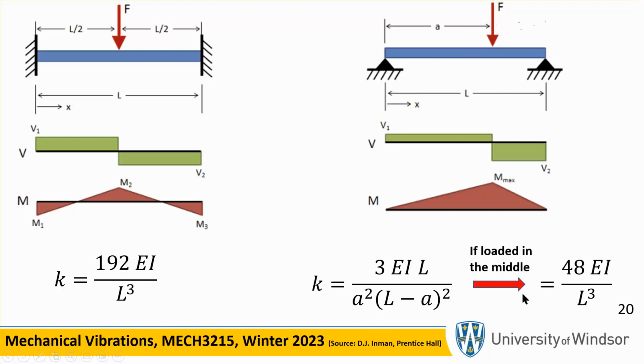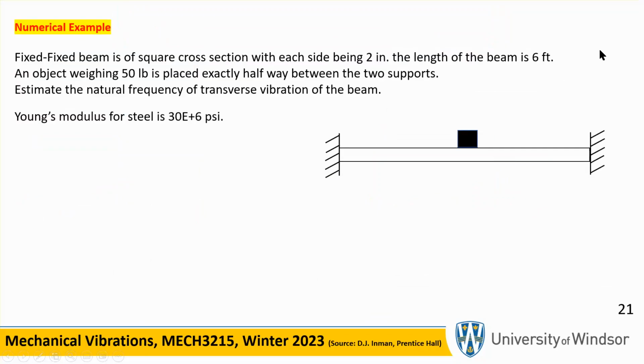If that is the case, you clear it up, you get 48 EI over L cubed. So, a single cantilever beam was 3 EI over L cubed. Fixed beam, centrally loaded, 192 EI over L cubed. And simply supported at two ends, centrally loaded, 48 EI over L cubed.